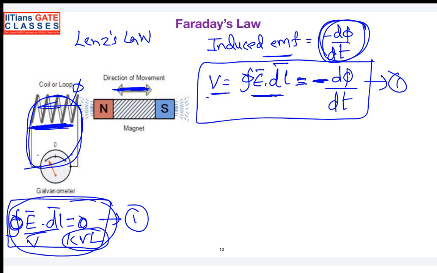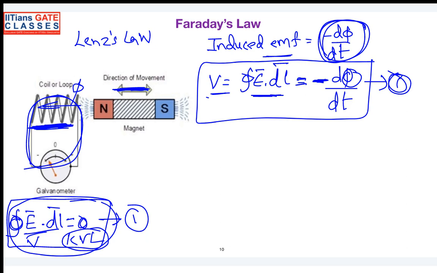But as I said in the previous case, whenever there is no flux, we can say this term is equal to 0. So this is the point. E dot dl equals 0 is where KVL is applied, where the energy is conservative, and here it is non-conservative. Why is it so?